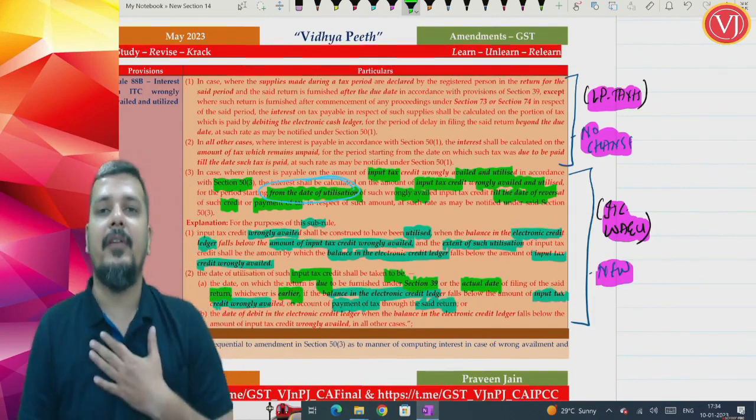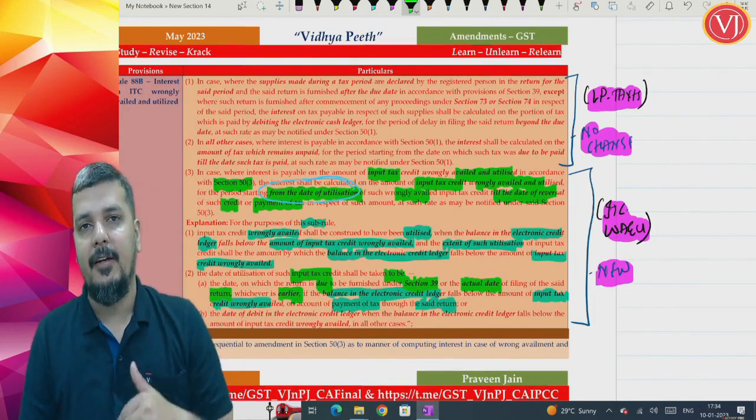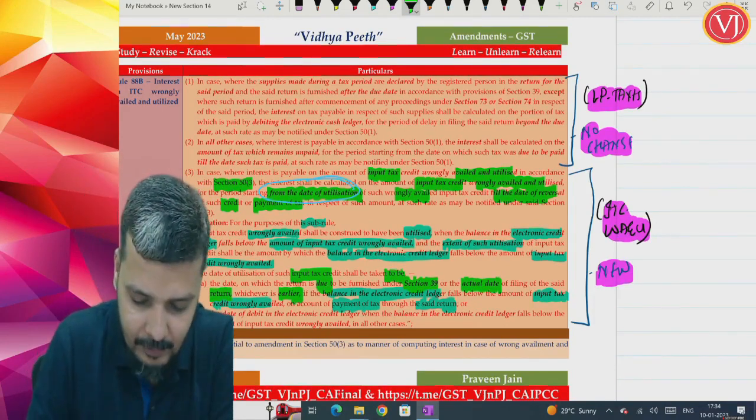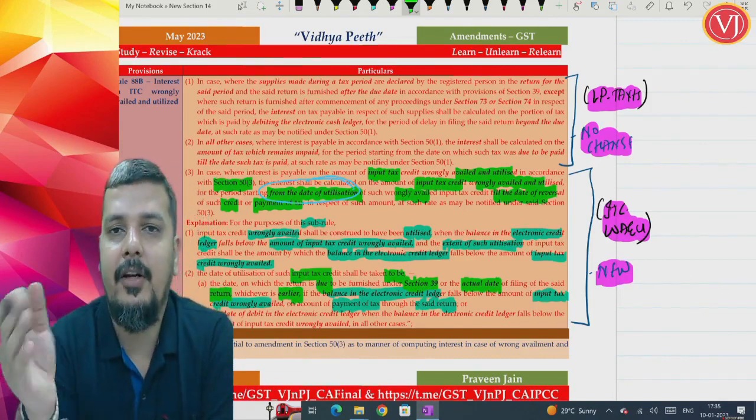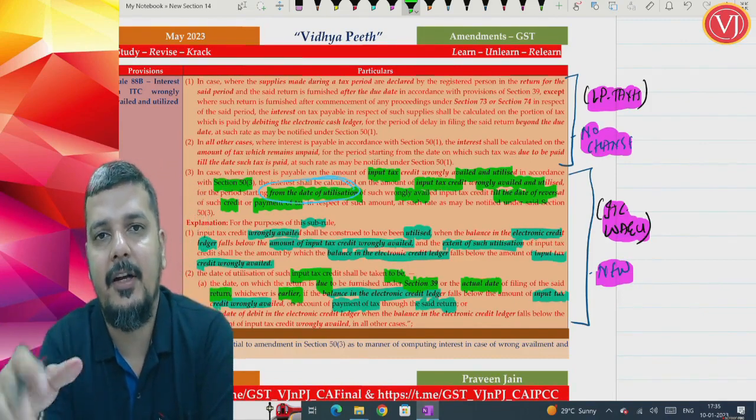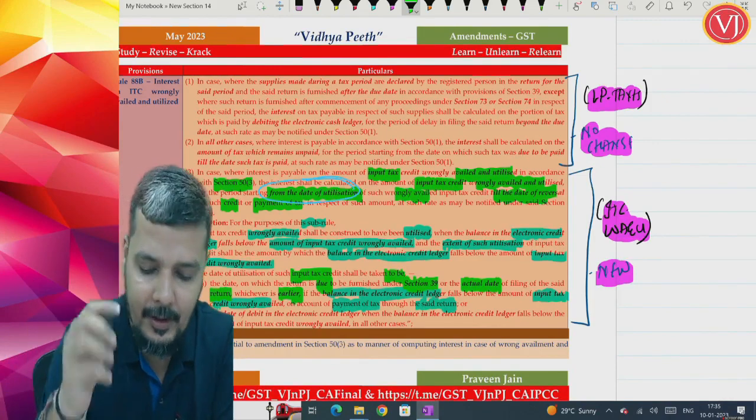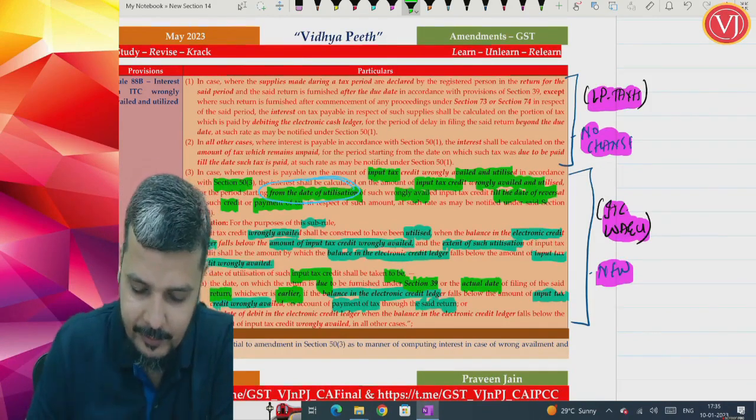If I am reversing the credit in my return, what is the actual date of utilization? It is the actual date of the return in which I am reversing the credit or the due date of that return, whichever is earlier.